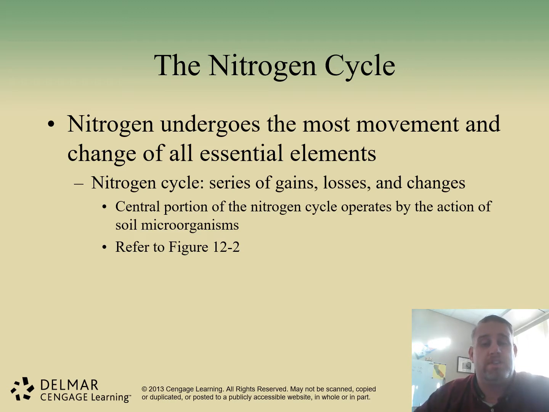So the nitrogen cycle is basically very similar to all the other cycles, the carbon cycle, the water cycle. It is the continued loss and gain of nitrogen through all the systems, through nitrification, ammonification, and then back out into the atmosphere. There's a figure of this in the book, so I'm not going to talk about it too much, but this is very important to understand how the nitrogen cycle works.